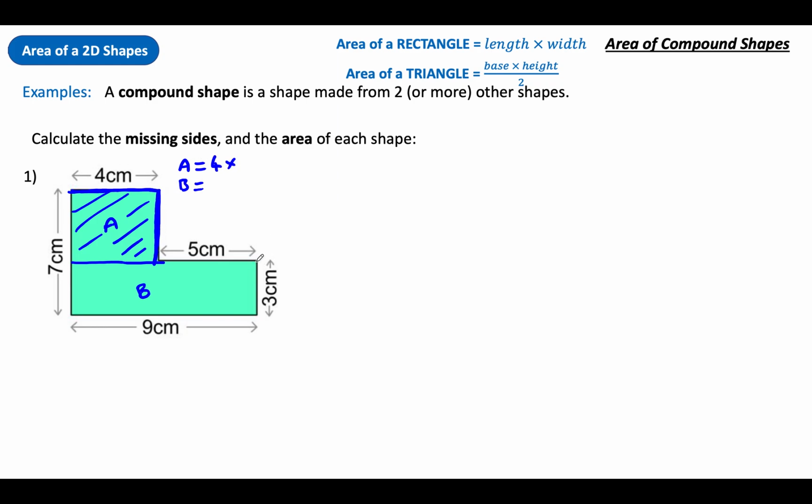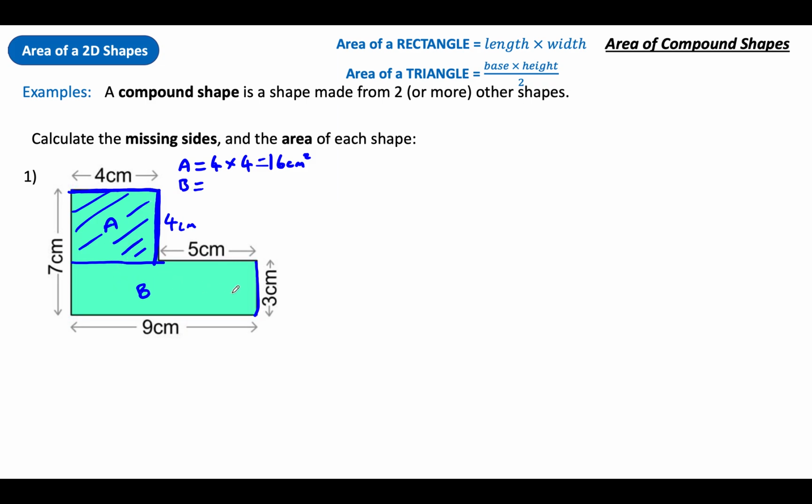Part of the height of my shape is 3, and then this would make up the second part. The whole height is 7, which means this must be 4, because 3 and 4 makes up the full height of 7. So actually, this is a square in this top corner. 4 times 4 is 16 centimeters squared.